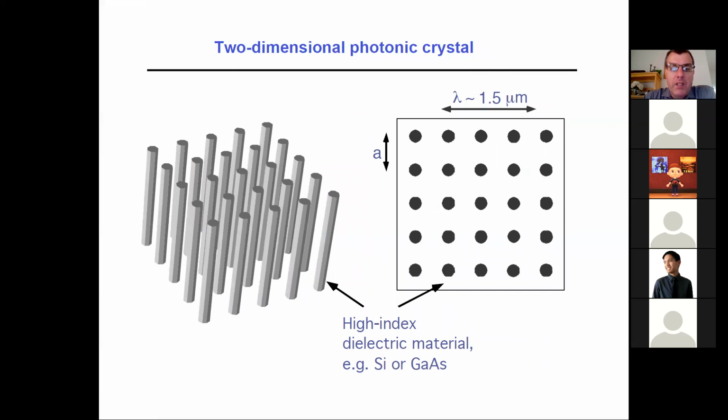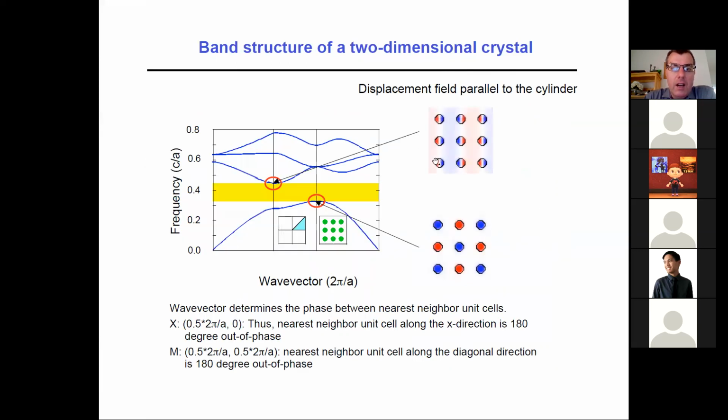The physics is easier to understand in 2D systems, and the fabrication is also easier to do. So oftentimes people will focus on 2D systems. They can make them square, they can make them hexagonal. And then these systems have something called a band structure. There's a relationship between frequency and wave vector. But this wave vector is a little bit different from the K that we've been using.